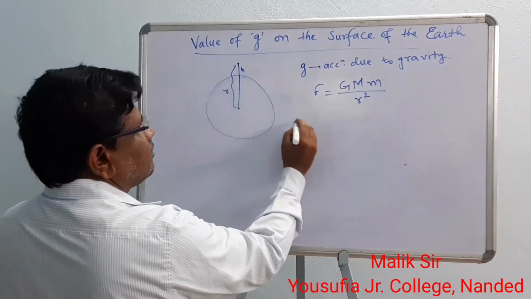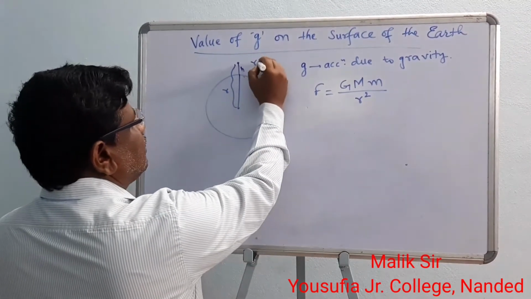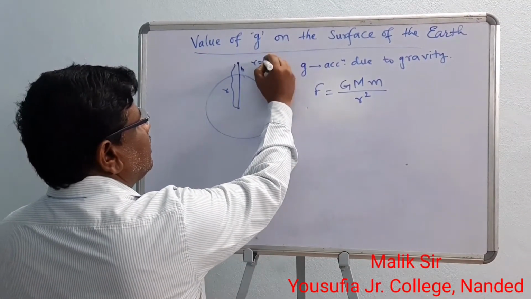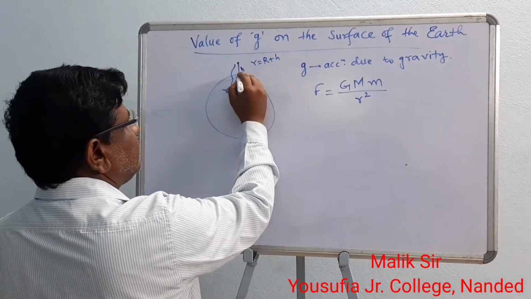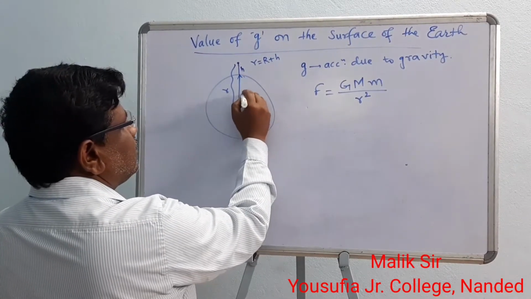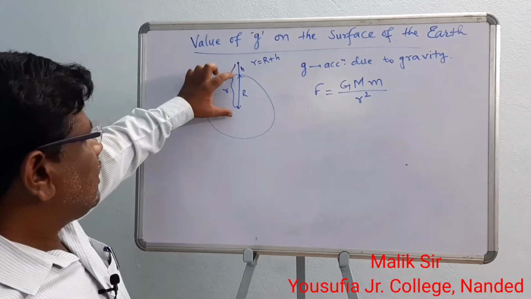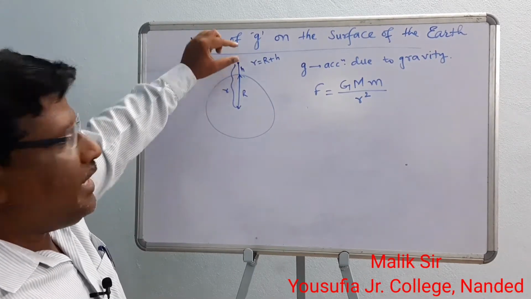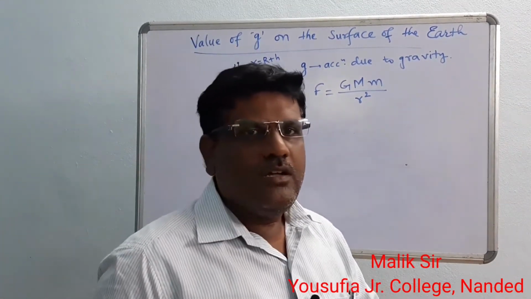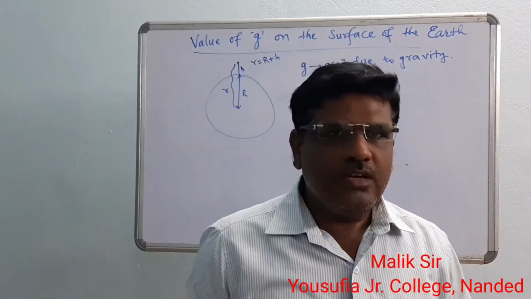Therefore r equal to capital R plus h, where capital R is the radius of the earth and h is the height of the object from the surface of the earth.